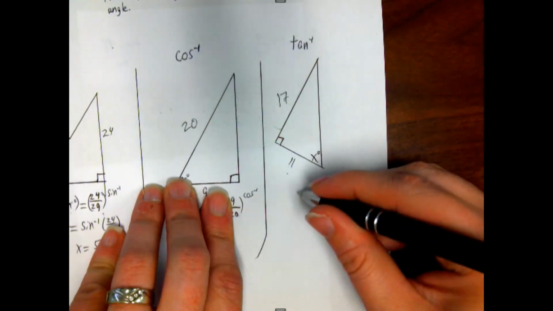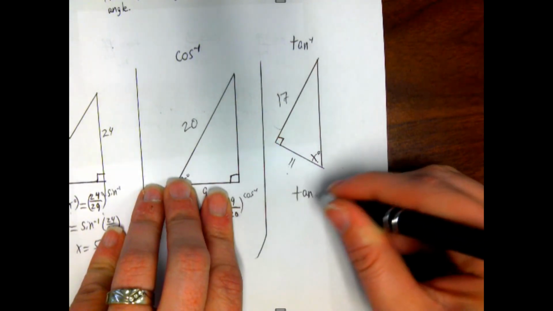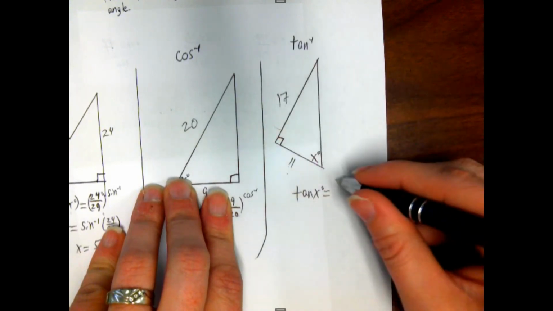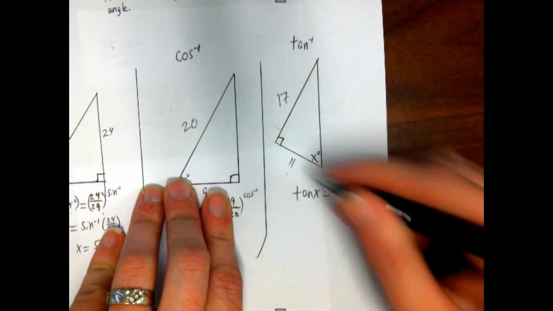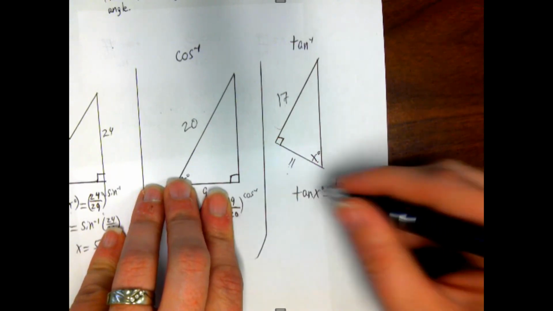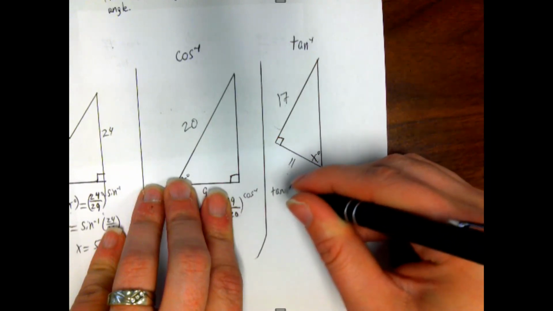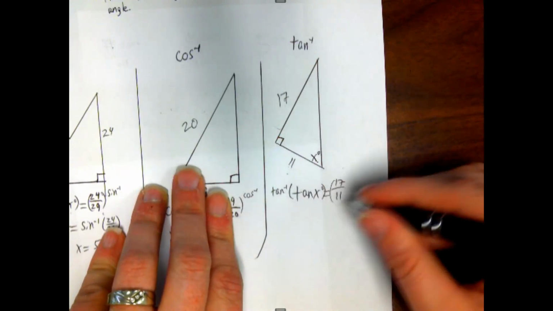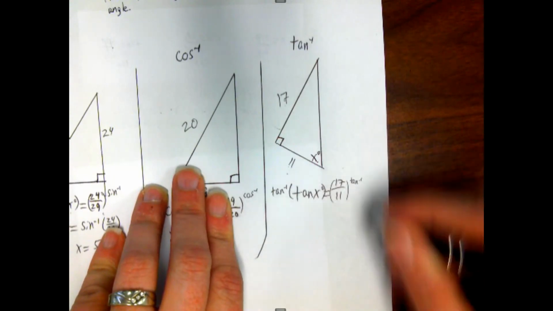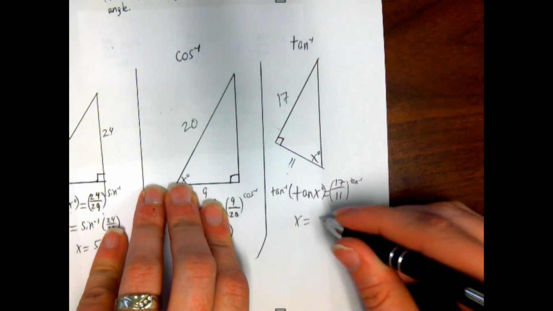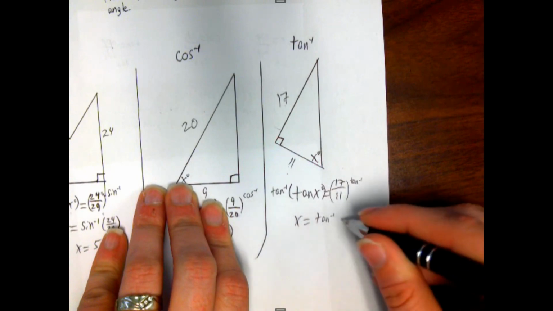So the tangent of x degrees is equal to the opposite length, 17, over the adjacent length, 11. And then I'm going to do inverse tangent on both sides. So x equals the inverse tangent of 17 over 11.